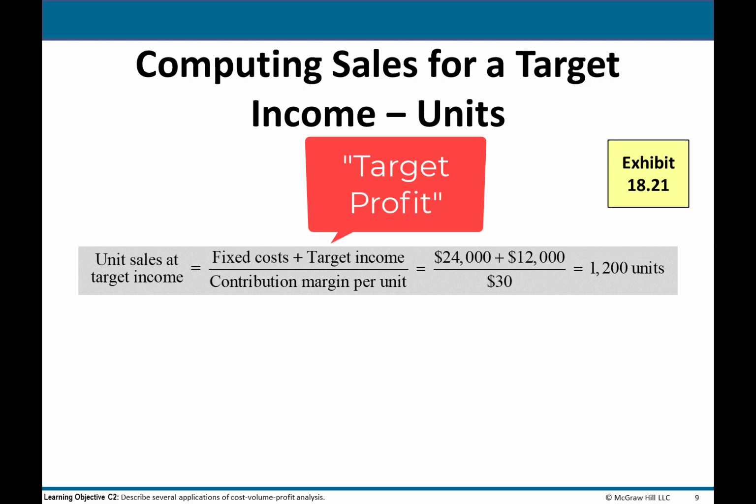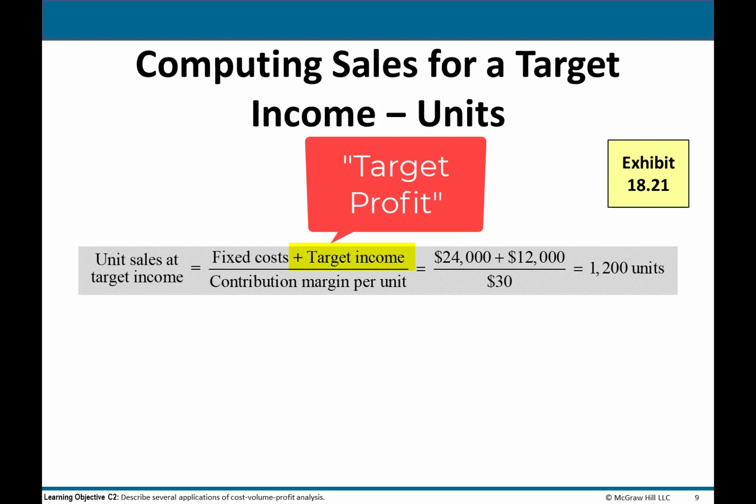So another offshoot of the break-even formula is computing sales for a target income, or what I prefer to call a target profit. If you look at the formula on the screen, you'll notice that the break-even point has been tweaked. In the numerator now, in addition to fixed cost, you'll see the number target income.